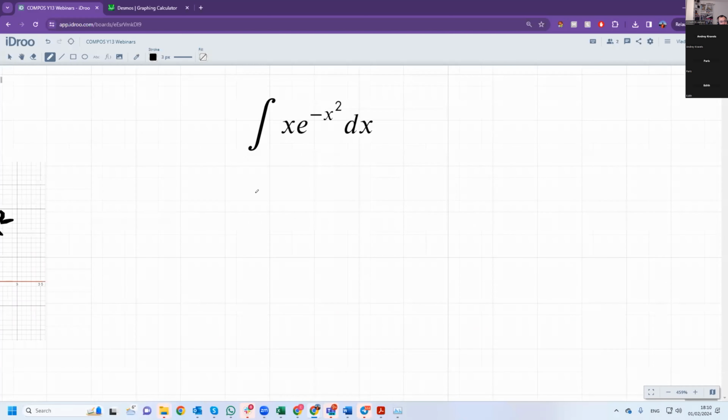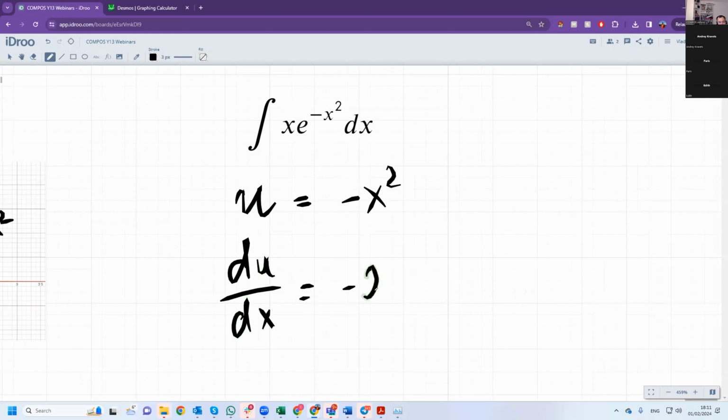What you do is you make a substitution, u is equal to minus x squared. So we differentiate that. We get minus 2x.